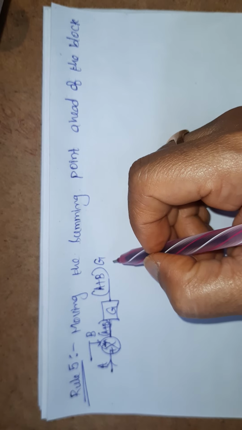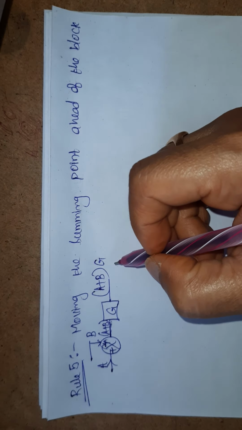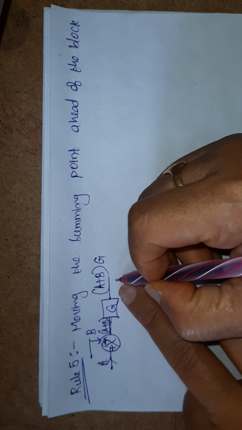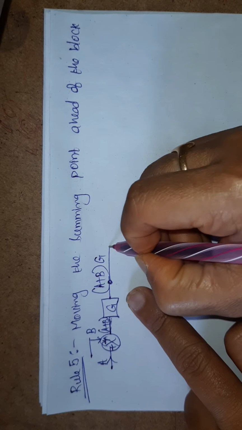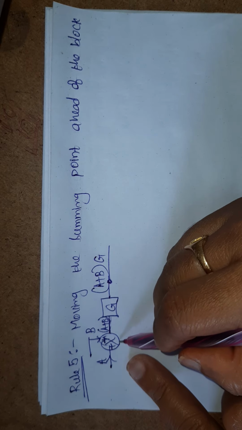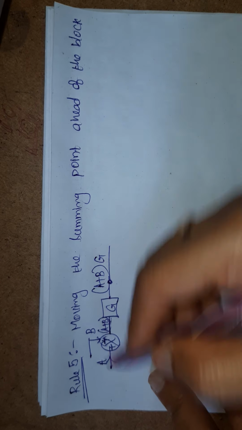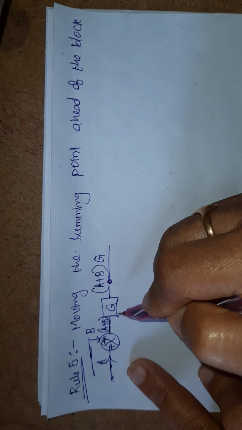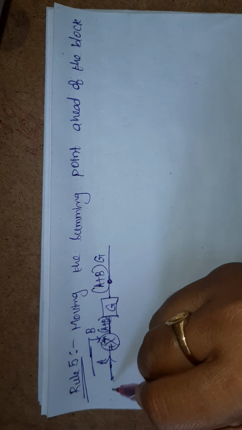Right? So I have to move the summing point ahead of the block. Here I have to place the summing point such that there would not be any changes in input and output. For this block G, what is the input here?